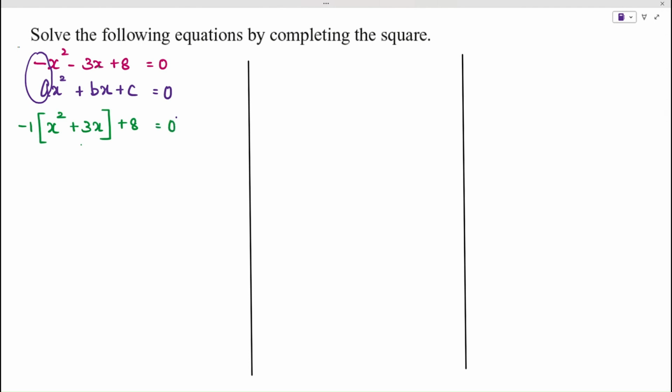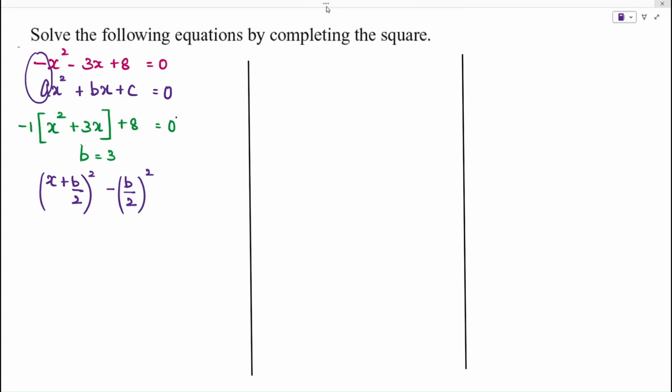Now we find our coefficient of x. So we're going to set that as b, so b is equal to 3. And now we're going to write our completing the square formula, which is x plus b over 2 the whole squared minus b over 2 the whole squared.